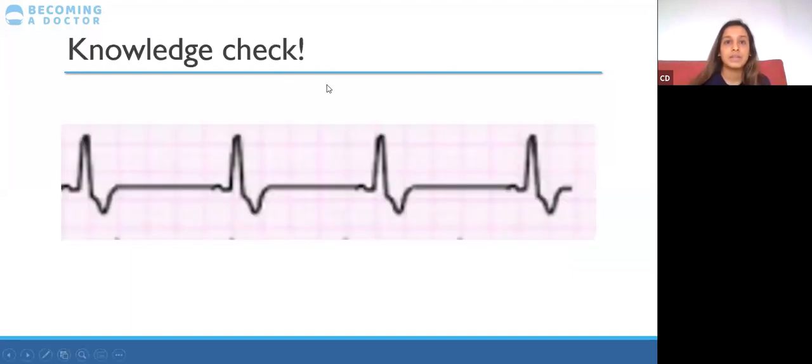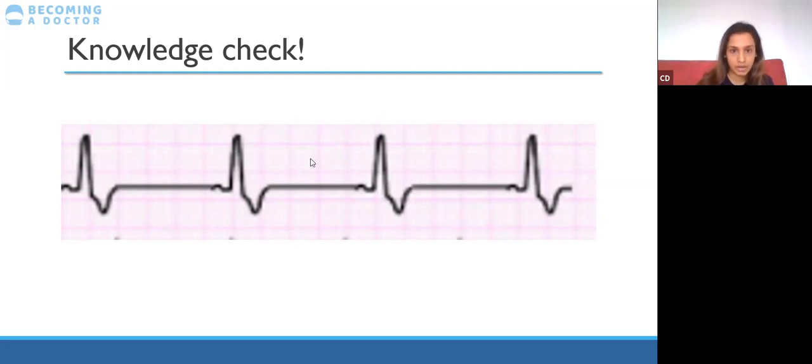Okay, this is just a quick knowledge check. It's not on a poll. I'll just talk through it, but I'm not sure how well you can see the boxes. I'm aware they're a bit blurry, but how would we calculate the rate from this one? We would take the number of big squares.